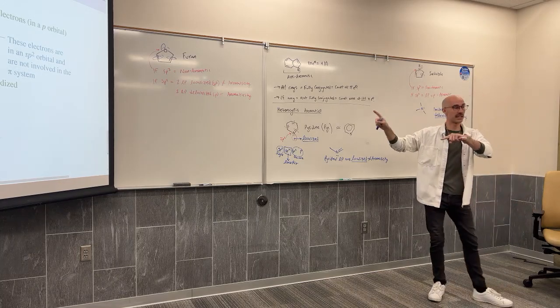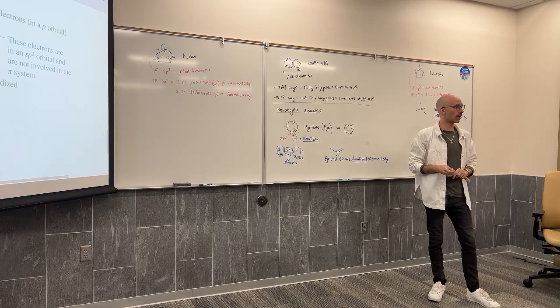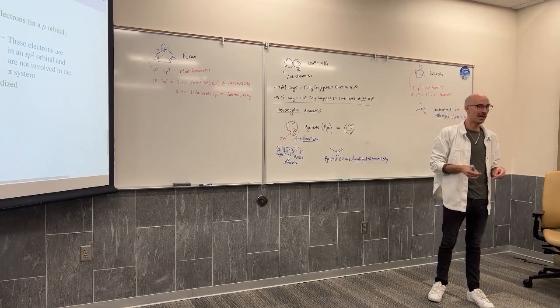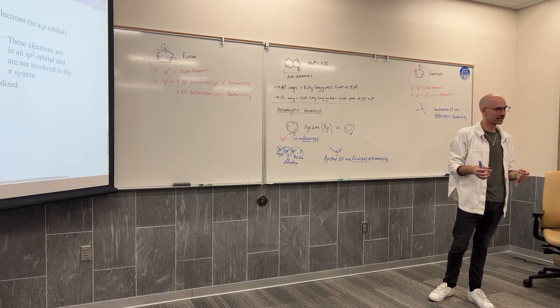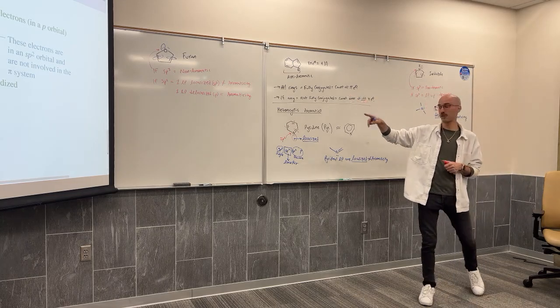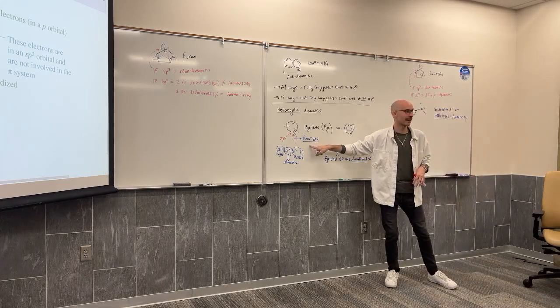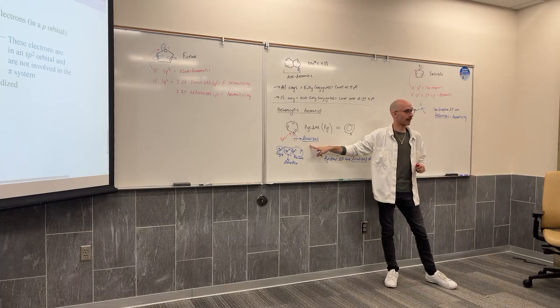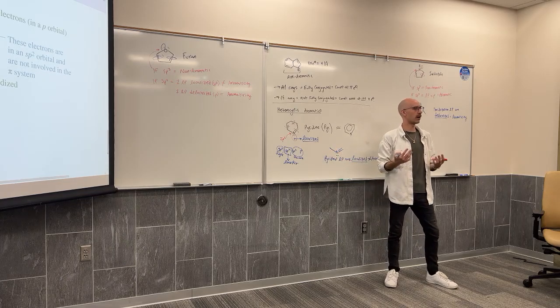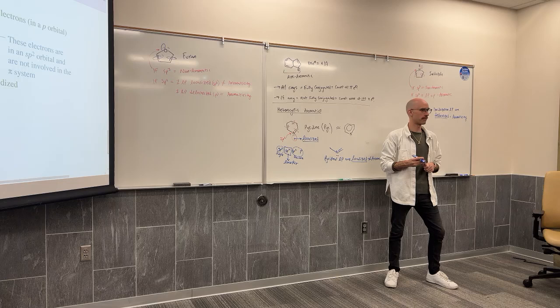What is the hybridization of nitrogen or oxygen in these atoms? And also, what is the pi electron count? So you need to be able to count the electrons that are meaningful and avoid the electrons that are localized. Count the delocalized, don't count the localized. How do you know that if you don't know the hybridization of them?